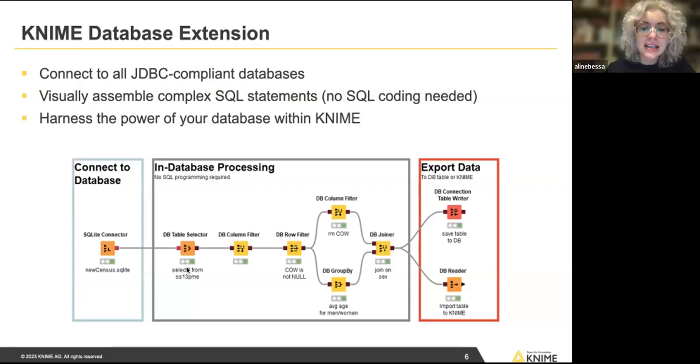In this case here, it selects all of the rows from a table named SS13PME. And the output of this is now going to be not data inside KNIME, but a table in the database. So everything is happening in the database. No data has been materialized within KNIME.